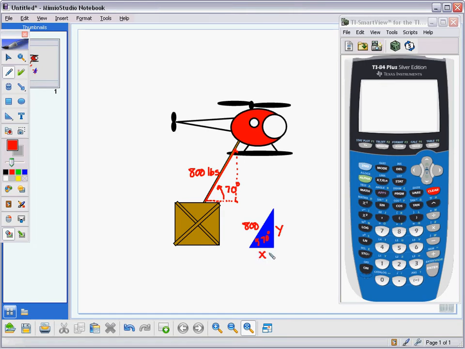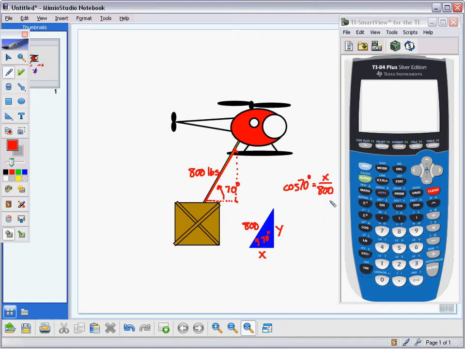To find the x component, the horizontal component, I'm going to use the cosine function. The cosine of an angle is the adjacent over the hypotenuse. So I'll say the cosine of 70 degrees is equal to the adjacent x over the hypotenuse, 800.